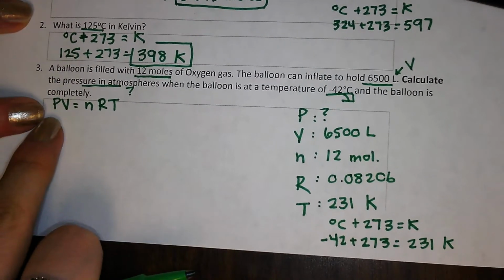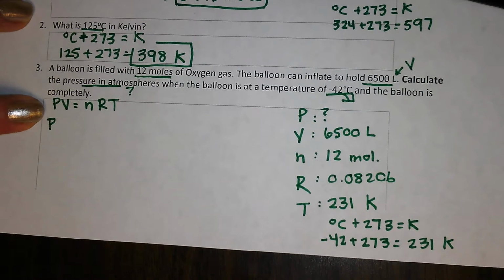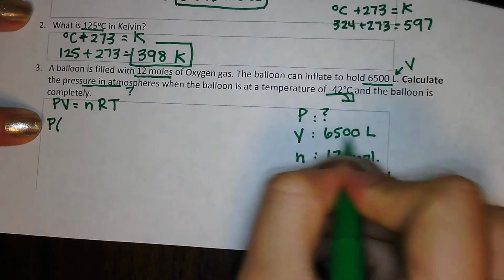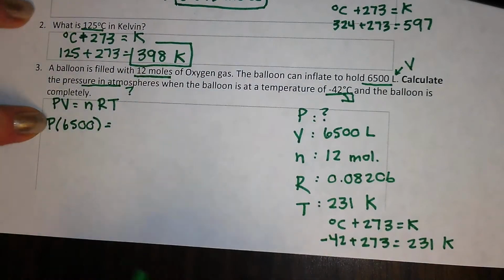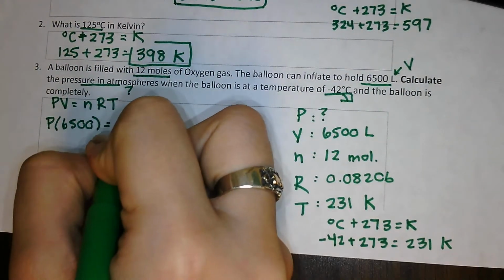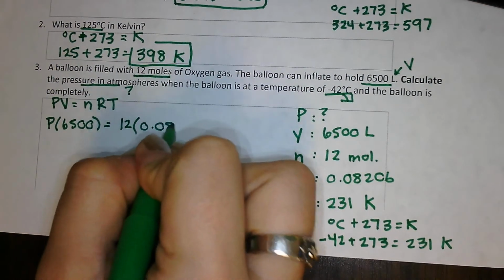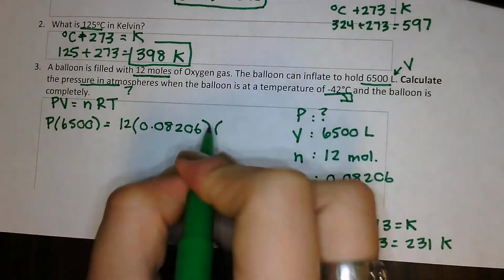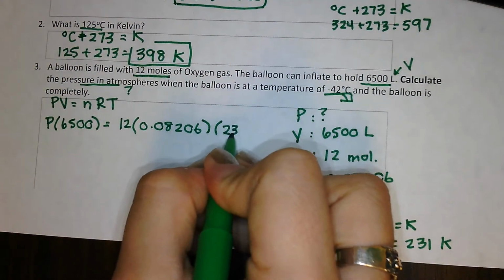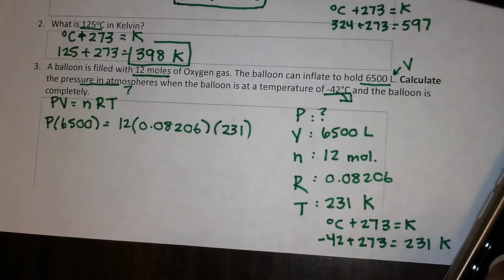Okay, so now I just have to plug in my numbers. So I don't know what P is. I'm solving for P. My volume is 6,500 liters is equal to N, which is 12, times R, which is 0.08206, times T, which is 231. All right, so now let me multiply these numbers out.